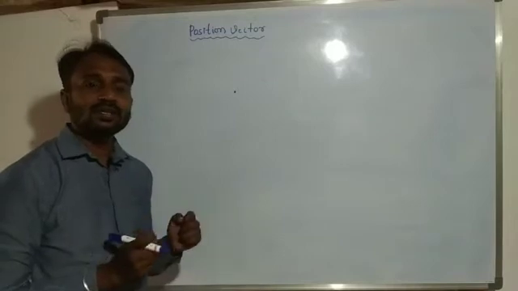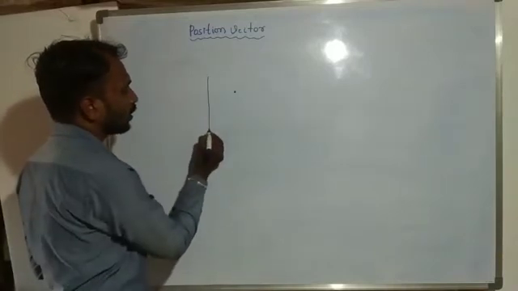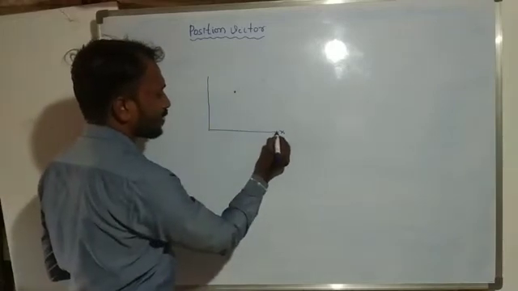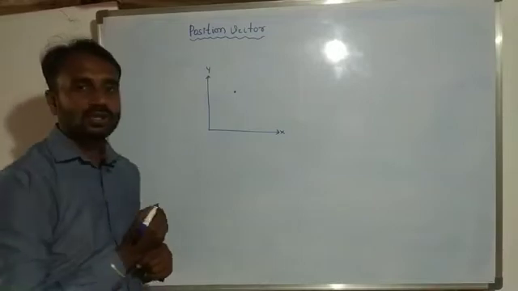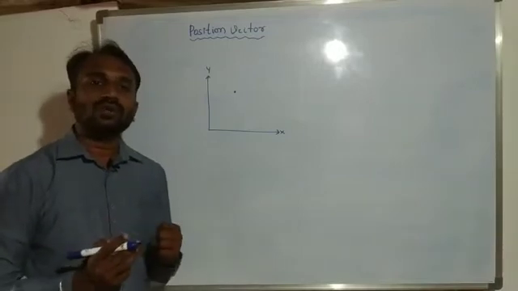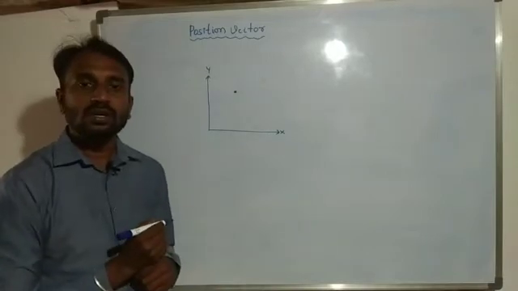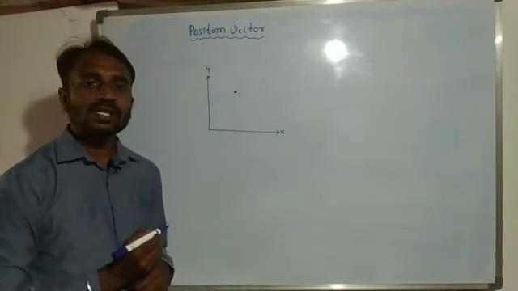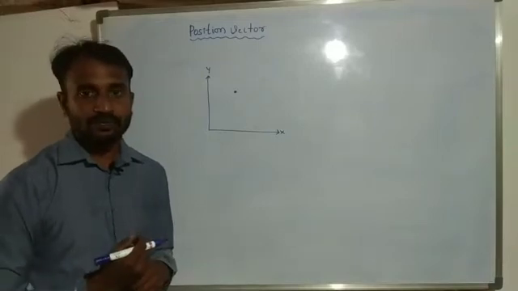It is present in the xy plane. Here we consider this one as the x axis and this one as the y axis. Okay, so here we want to find out the position of a particle or the position of an object. For this reason we consider position vectors.